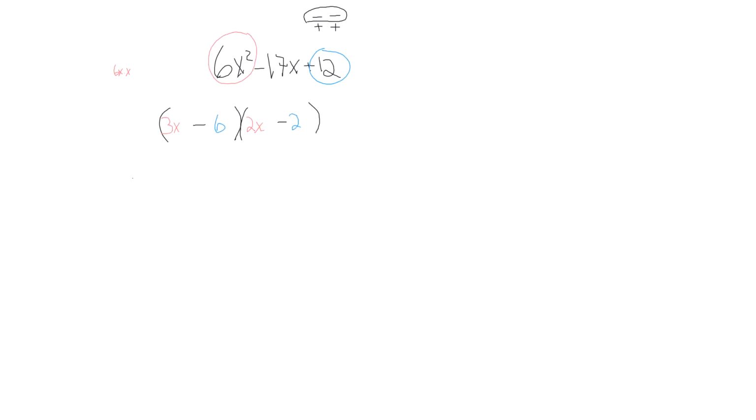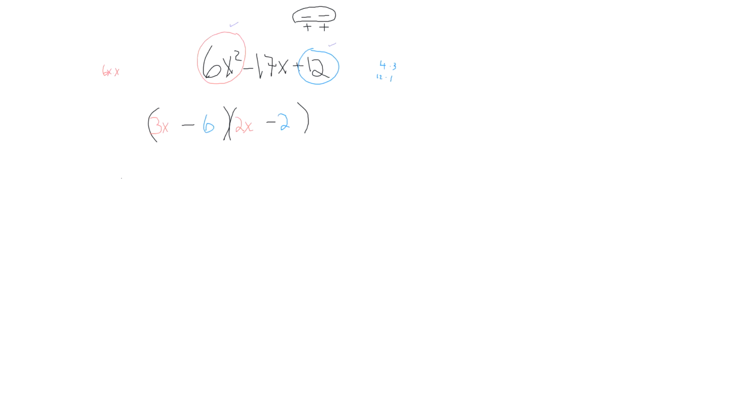I'll also put 4 times 3, just in case. And also put 12 times 1 out here just in case. And I'm going to check my middles. I'll check everything because 3x times 2x, yes, 6x squared. Negative 6 times negative 2, positive 12.